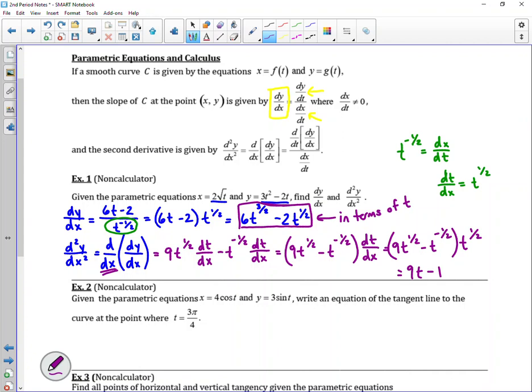They will ask you specifically for d squared y over dx squared. Don't do it unless they ask you for that specifically. That will only give you concavity of the parametric. This is not acceleration.